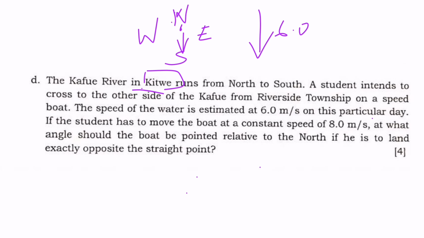For now, you need to draw a diagram which can show this, and it will help you in answering the question. So let's draw. This is my river, and they say the river is flowing from north to south.